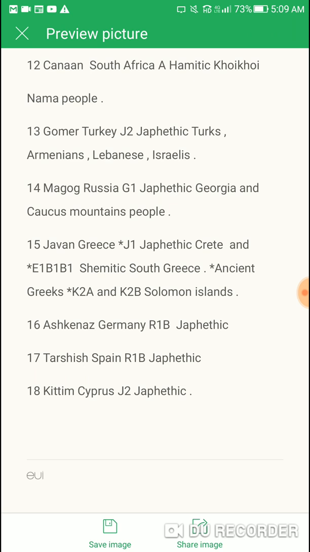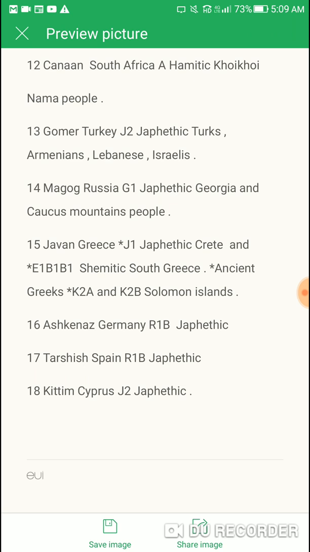And then with Greece, I went into like J1, Japhetic, and then Crete and E1B1B, Shemitic, South Greece, so the J group would be on the island of Crete, and then they'll be in other parts as well.